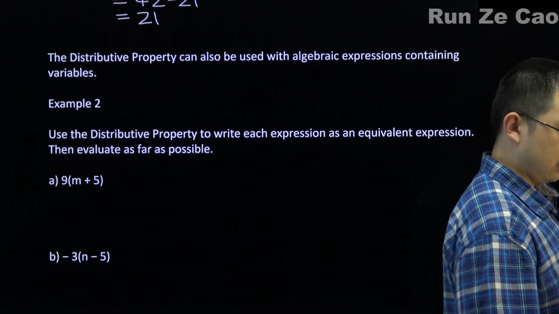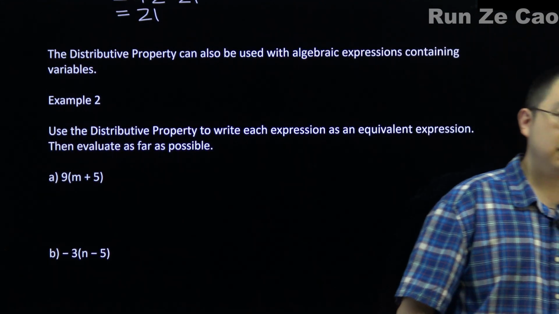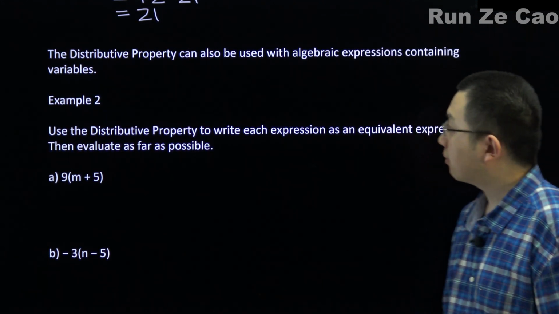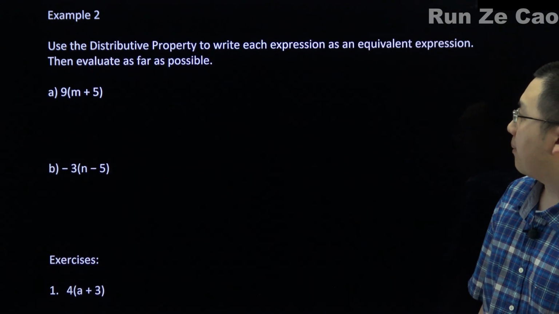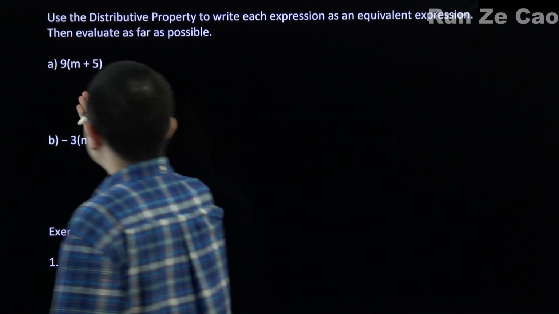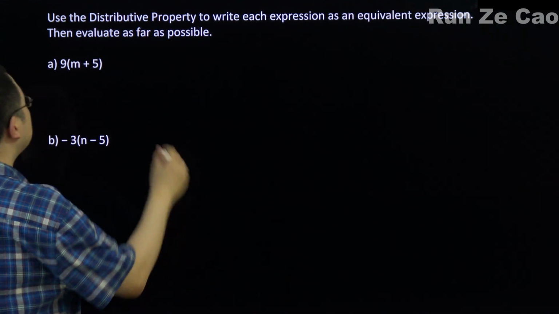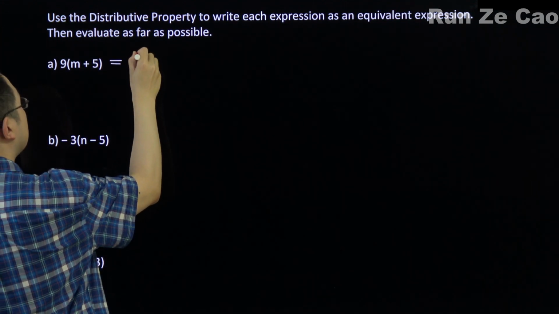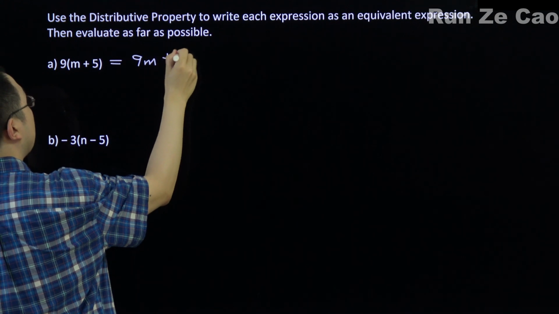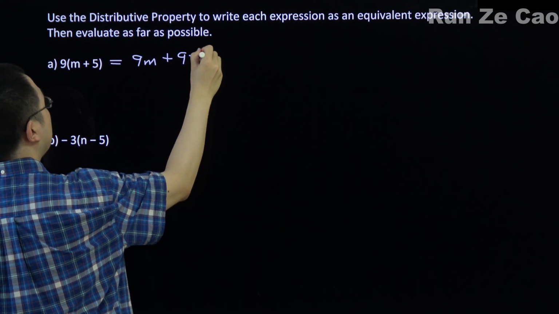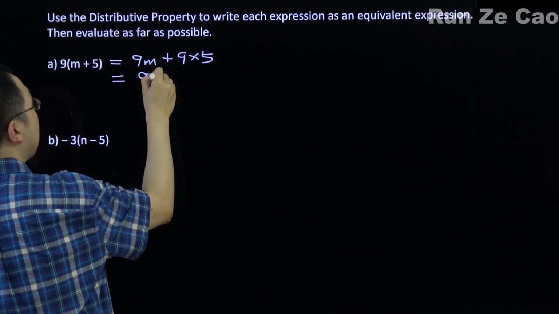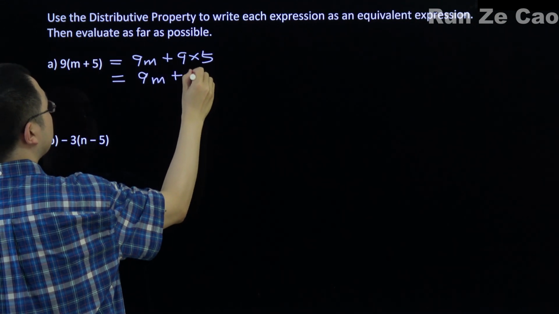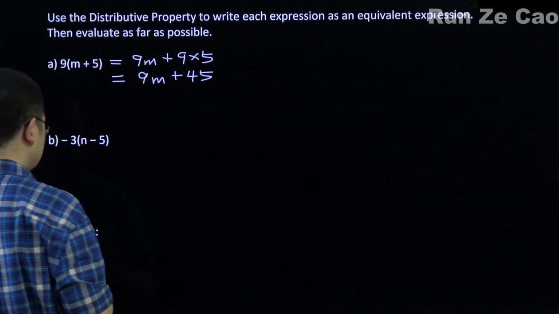Alright, the distributive property can also be used with algebraic expressions containing variables. For example, this 9 times (m plus 5) is equal to 9m plus 9 times 5, which is equal to 9m plus 45.